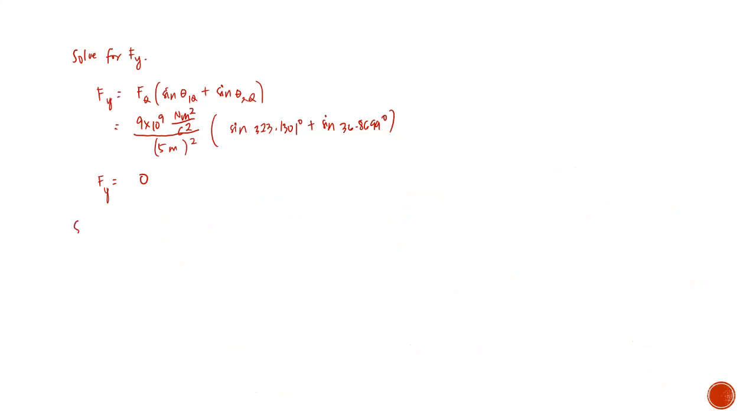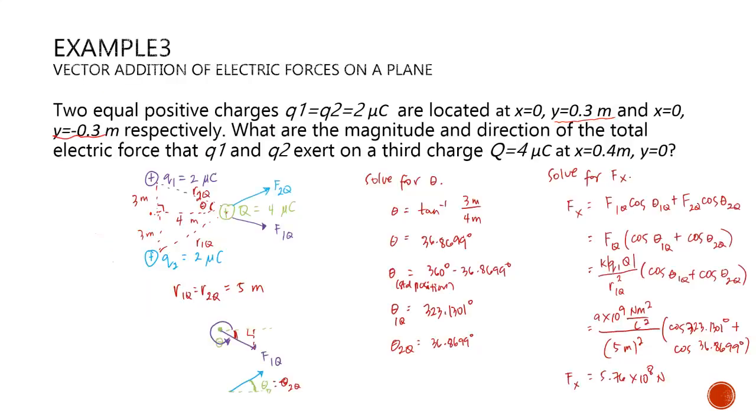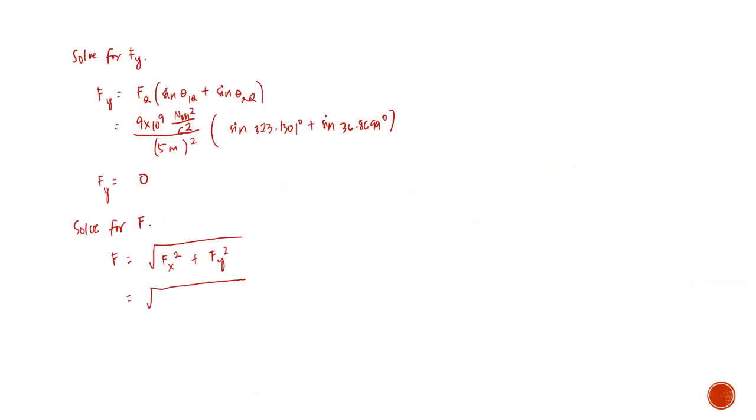Then for the resultant, of course we have the square root of the square of the x component plus the square of the y component. Basically it's just equal to f sub x, because the y component is 0. So let's simplify the equation first before plugging in the values.